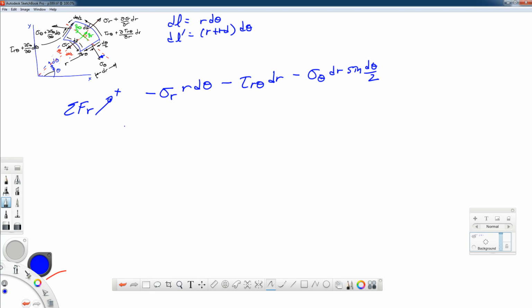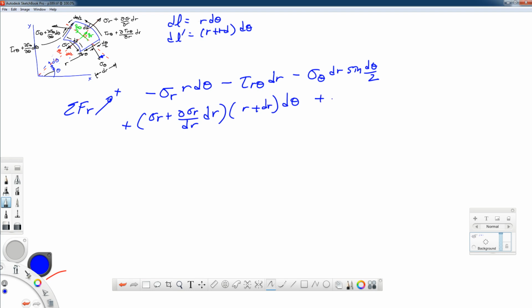Okay. Going to the top surface, we have sigma r plus partial of sigma r with respect to r dr times the area on which it is acting, which is a dl prime, which is the r plus dr d theta times the thickness.